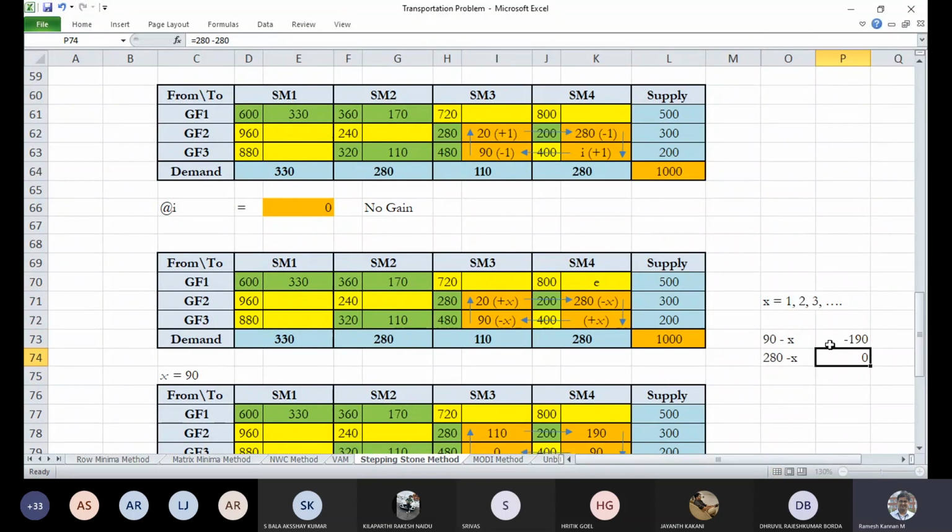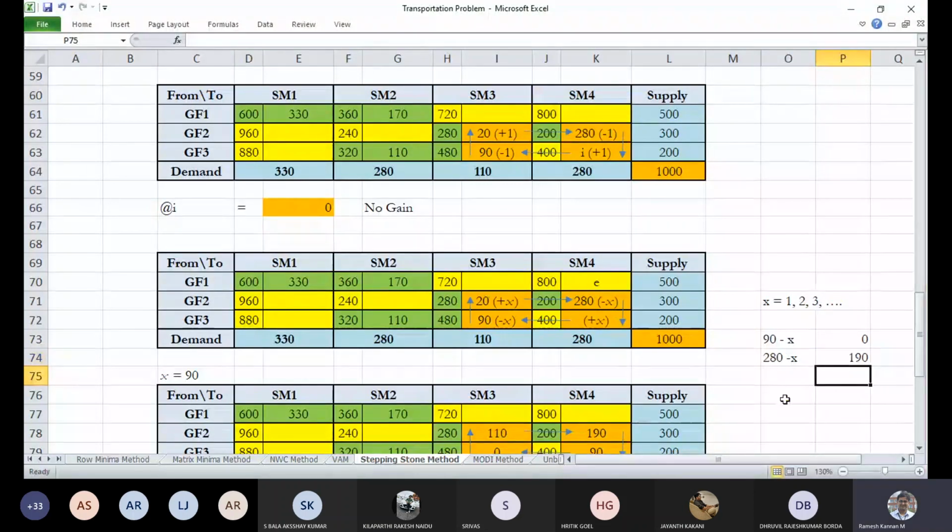I cannot transport a negative 190 bales. This is a cotton example, no? So bales of cotton that are supplied and demanded cannot be negative, so this is ruled out. That's why we generally look into 90 minus 90, and this would be 280 minus 90, right? Which means we have an allocation where x becomes 90.